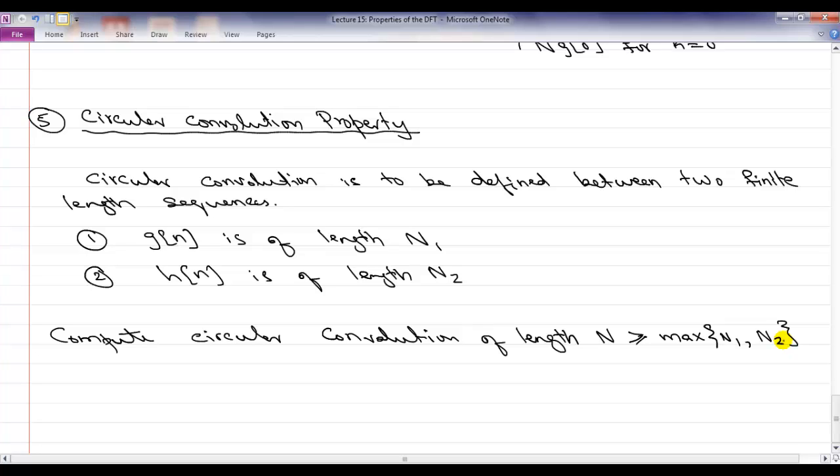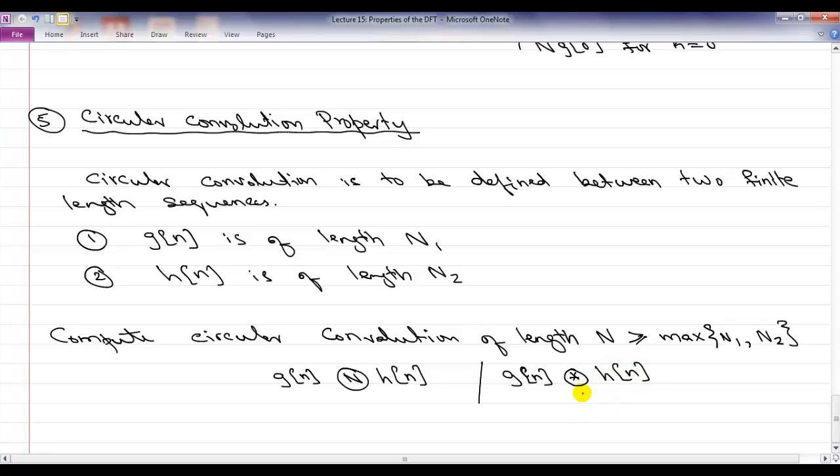And there are many ways of writing the circular convolution. You could write it, for example, g[n] circle, you put the number N inside, h[n], which means circular convolution of length N. Okay. Some people will also write it as g[n], use a convolution operation but put a circle around it, h[n].